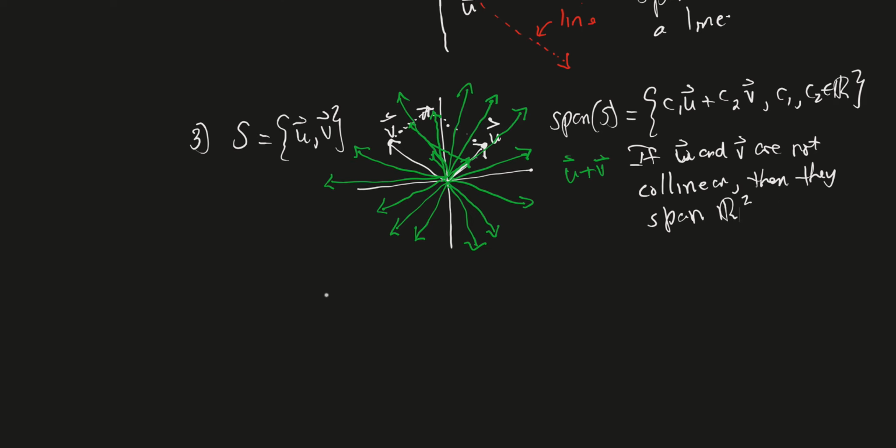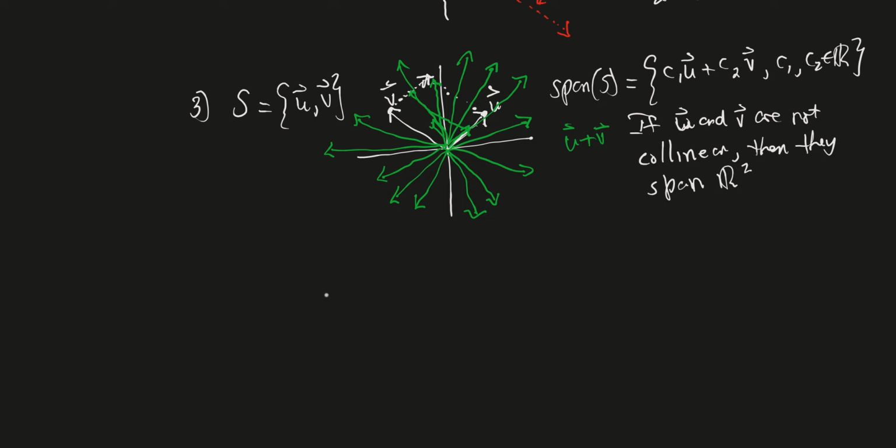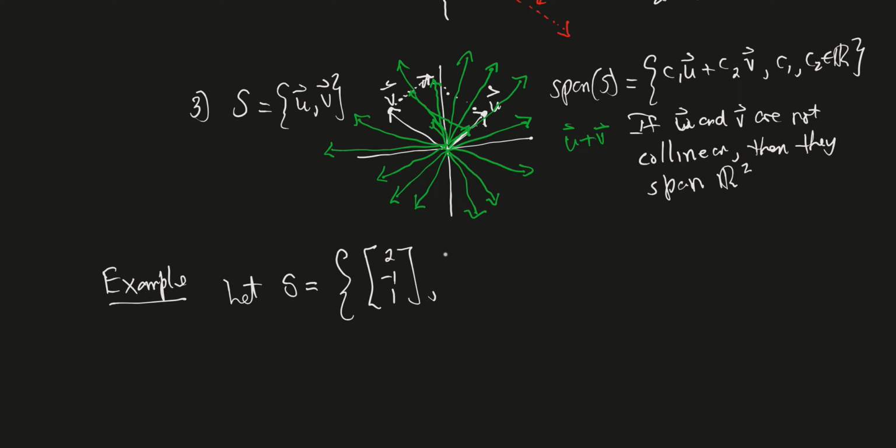All right. So now let's look at a couple algebraic examples. So here's an example, and let S be this set. So now we're going to look at a couple vectors in R3. So there's one vector, and then here is another vector.